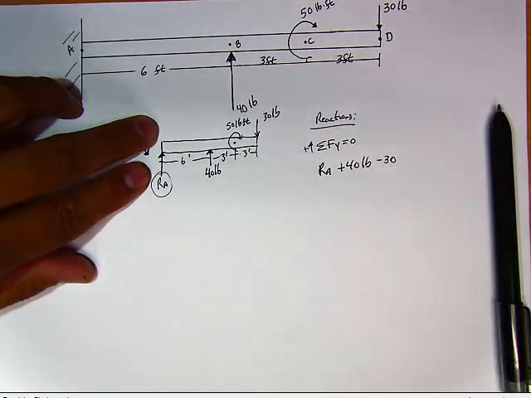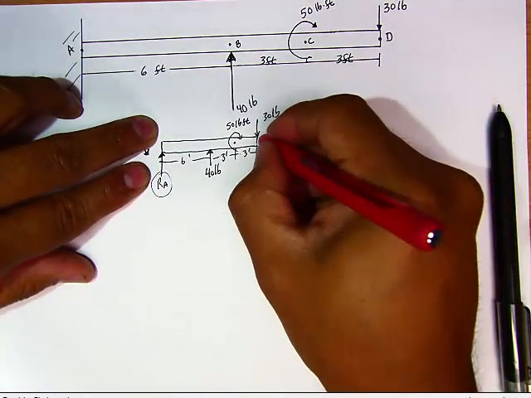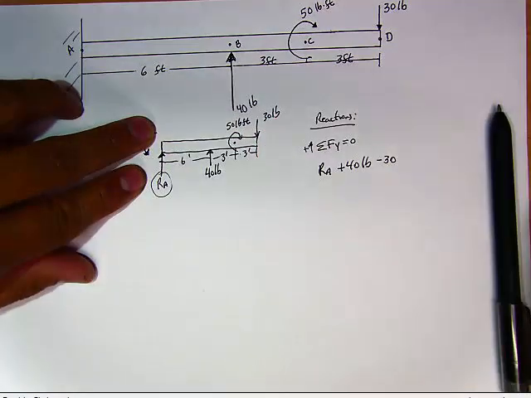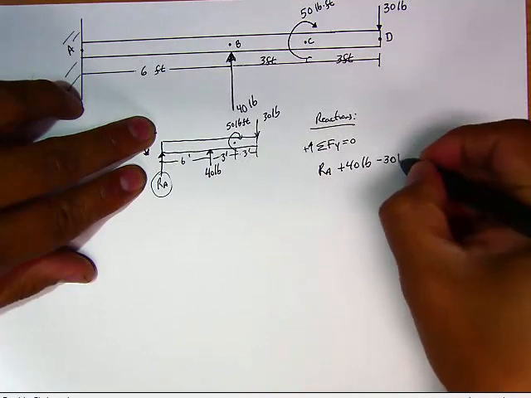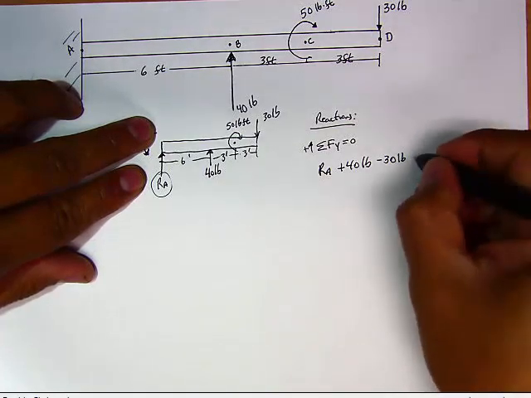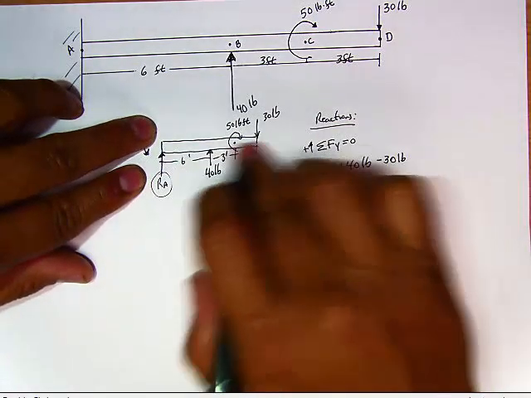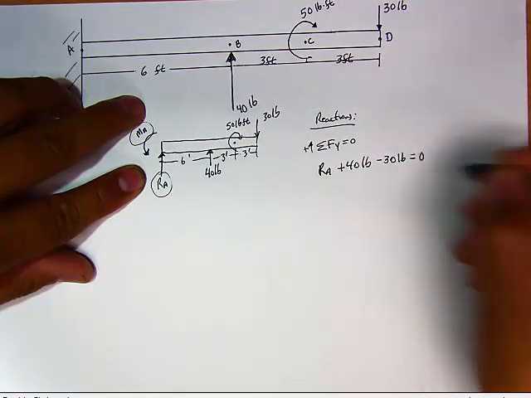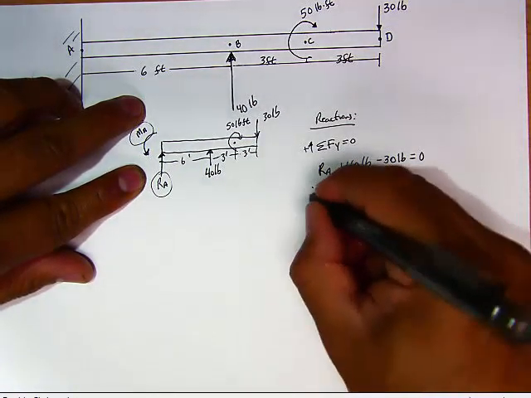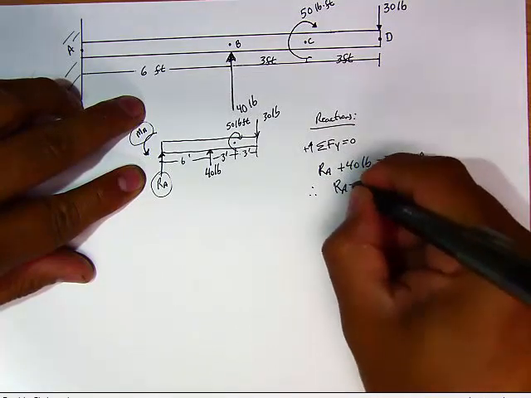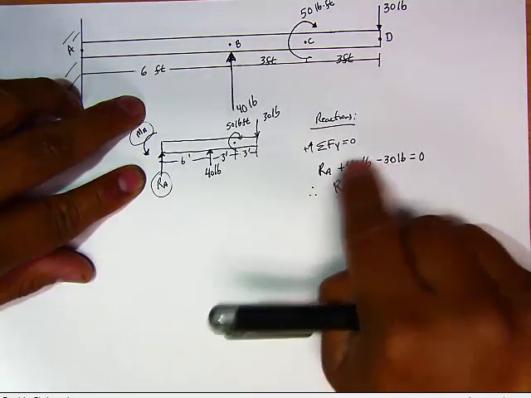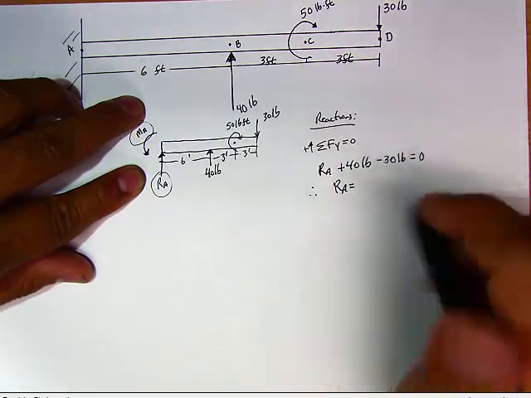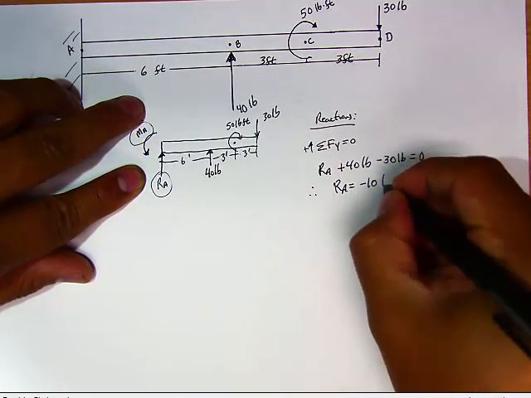And I almost forgot, no, that's it. Pounds. And there's no more verticals, so therefore this is equal to 0. And therefore RA is equal to 10. When you put it on the right side of the equation, it's equal to negative 10.